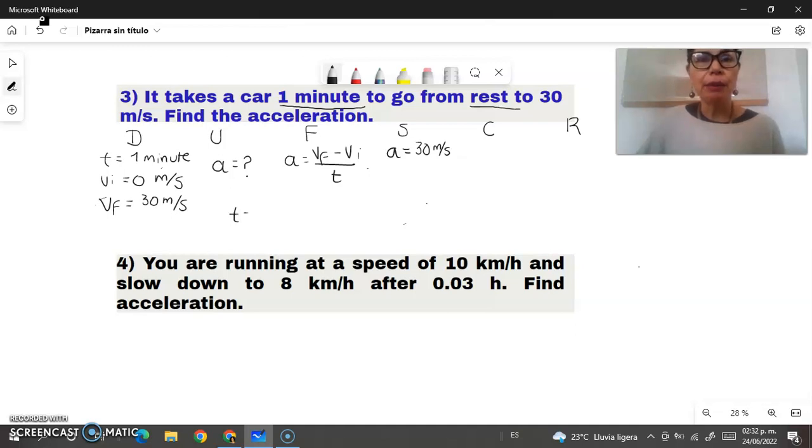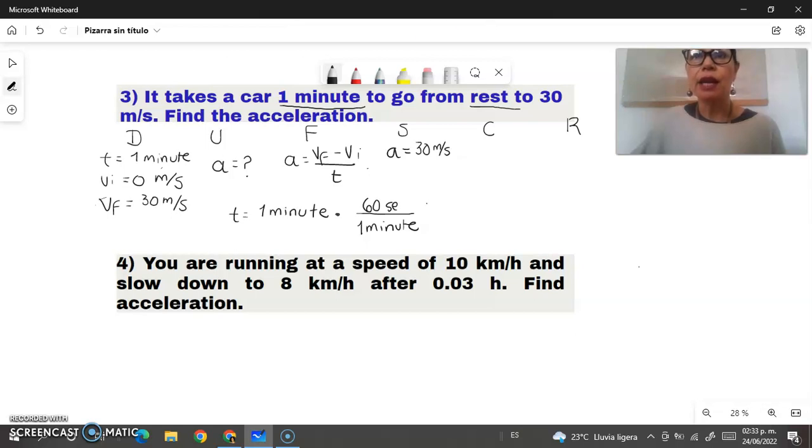Okay, so time equals 1 minute, and we have to use the factor of conversion. My fraction is 1 minute equals 60 seconds.